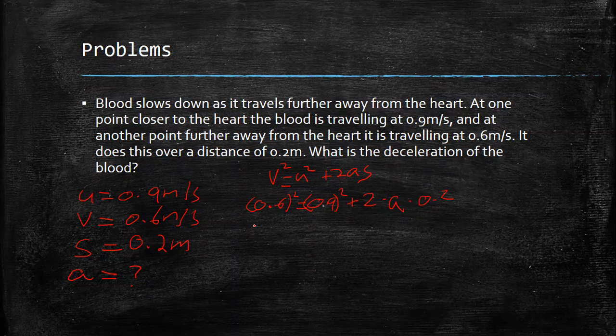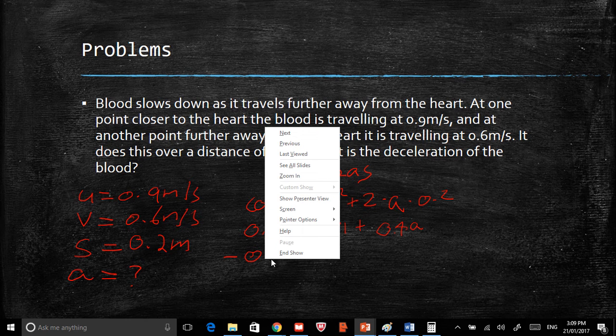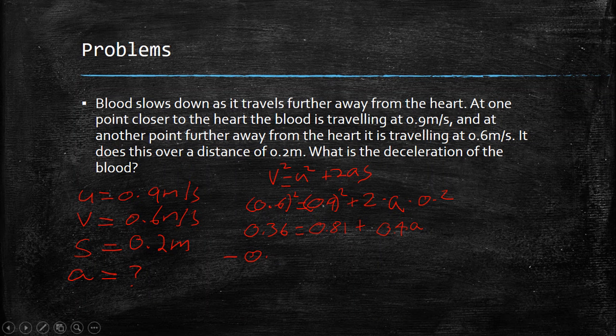Alright, working with the maths a bit here, this gives us 0.36 is equal to 0.81 plus 2 times 0.2 is 0.4, so 0.4a. Rearranging further, we'll subtract 0.81 and we'll get negative 0.45, which is equal to 0.4a.